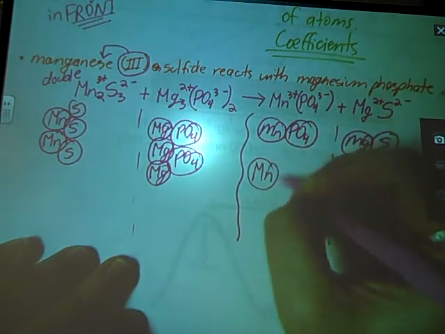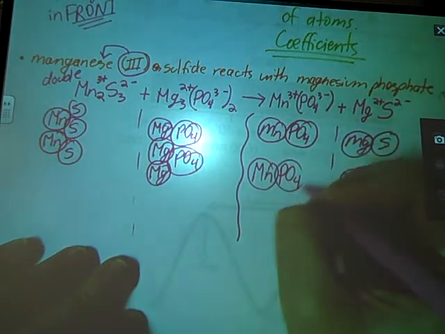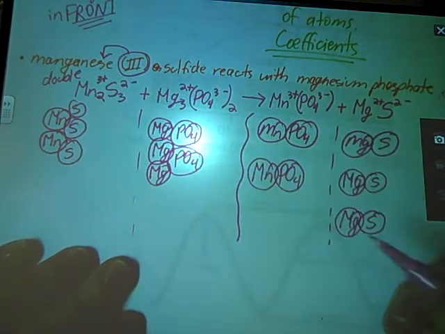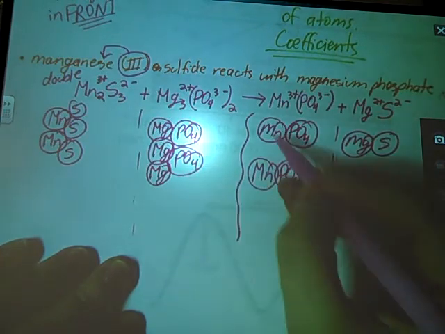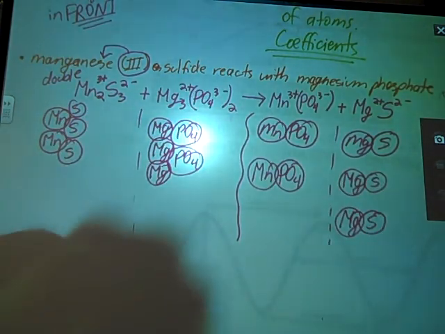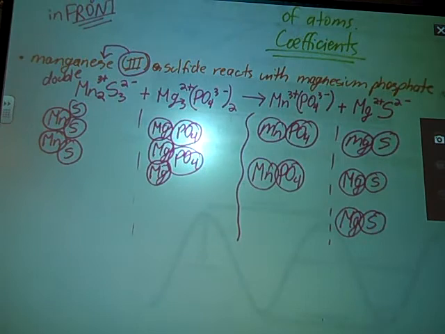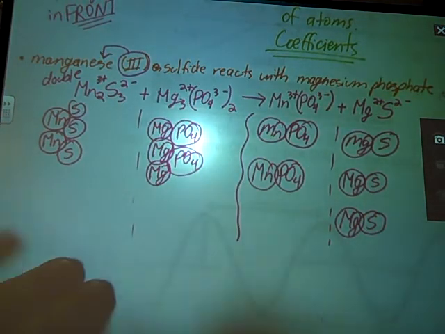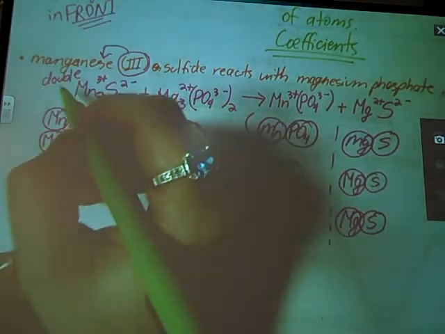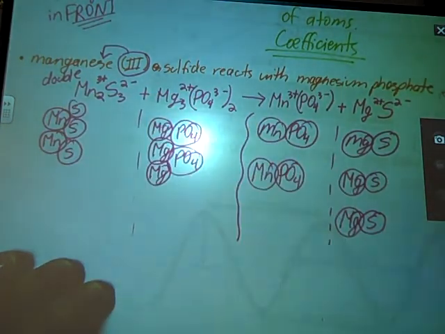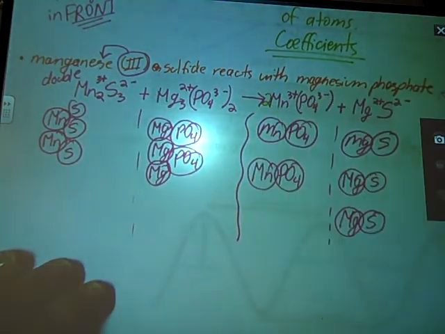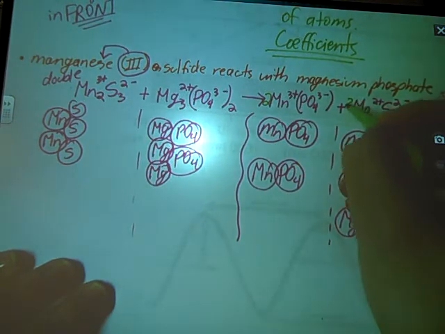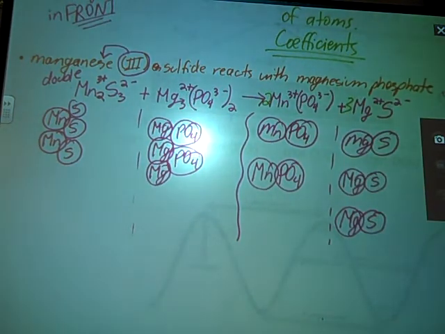So I need another one of these. 2 phosphorus, 2 phosphate, 2 phosphate, 2 manganese. Now left side equals right. All that's left to do is to count up how many we have of each molecule and put those coefficients in. 1 of these, 1 of these, 2 of that molecule, and 3 of the last one.